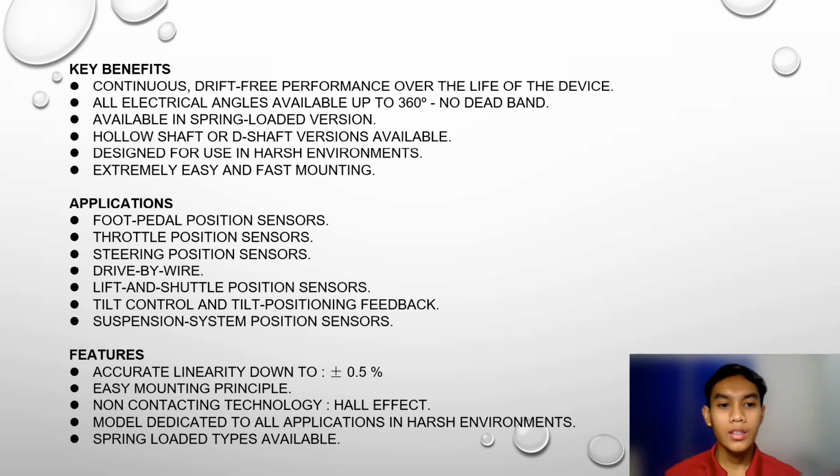Second, all electrical angles available up to 360 degrees, no dead band. Third, available in spring-loaded versions. Fourth, hollow shaft or D-shaft version available. Fifth, designed for use in harsh environments. Sixth, extremely easy and fast mounting.